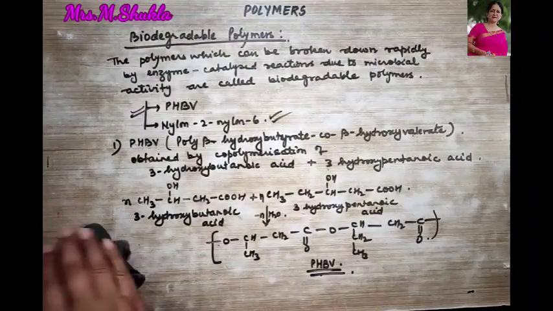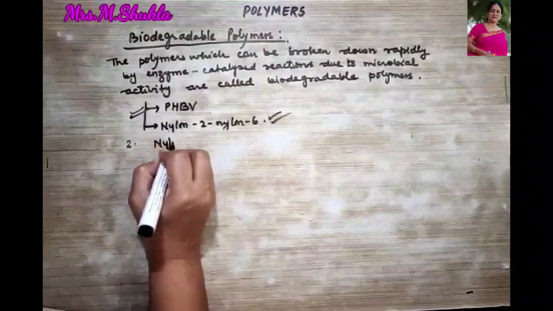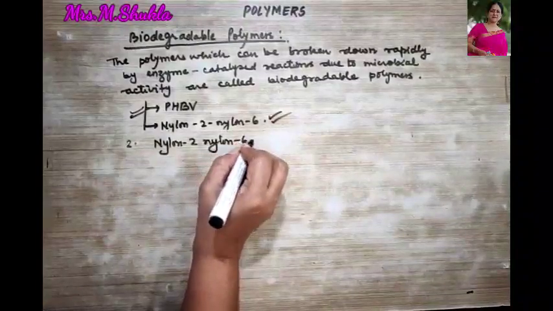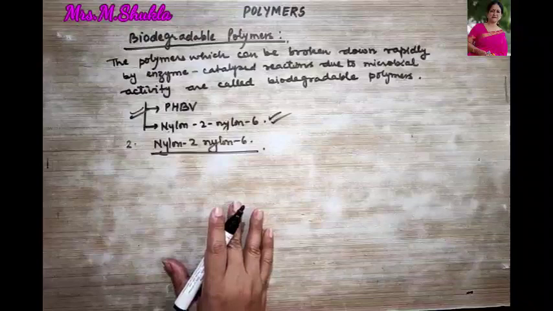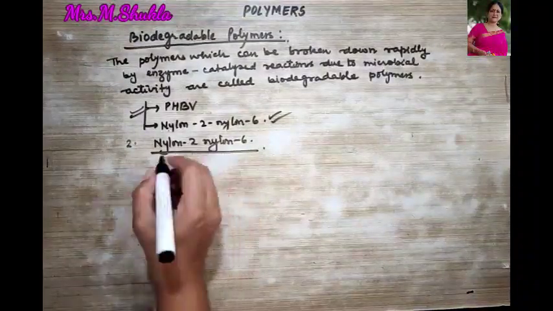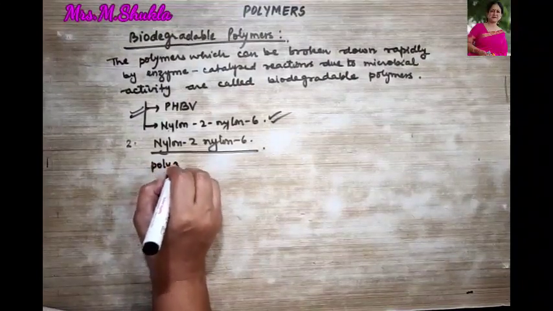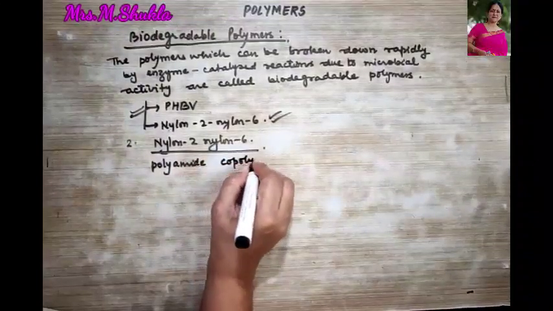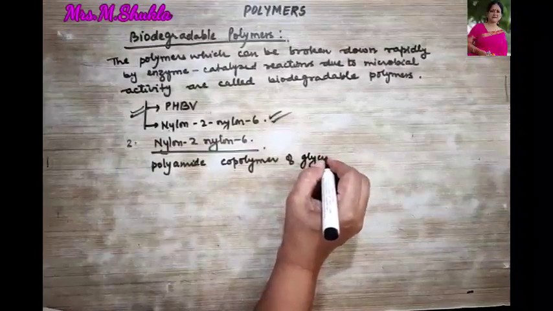We come to the last one, that is nylon 2, nylon 6, which is also your biodegradable polymer. The second one now, nylon 2, nylon 6 polymer we are going to talk about. Okay, it is a polyamide copolymer of glycine and aminocaproic acid.